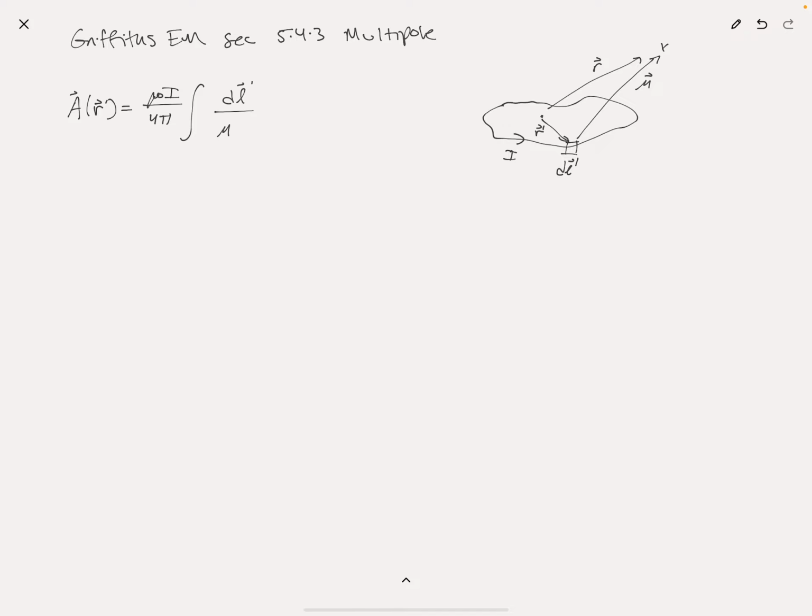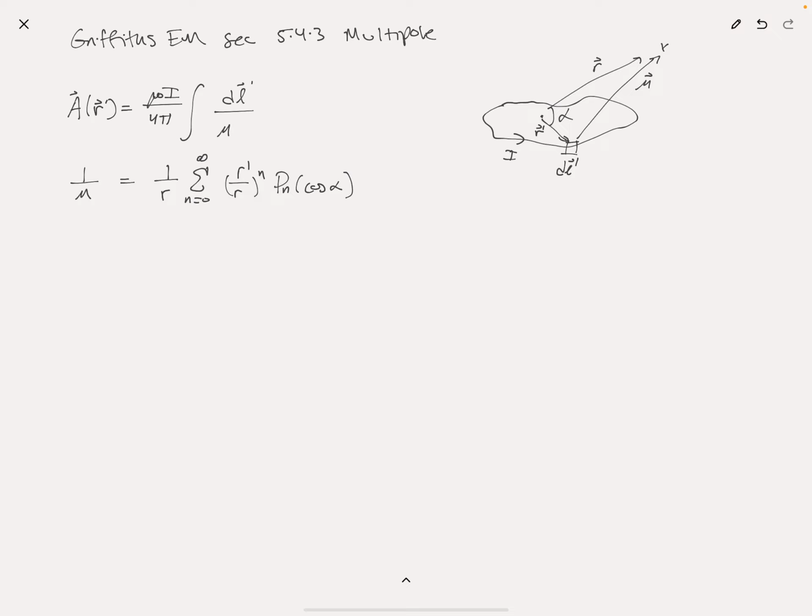So just like we did for arbitrary charge distributions, we can also make an approximation here for the value of 1 over script r. We did this before: it becomes 1 over r times the sum of all of the Legendre polynomials, (r prime over r) to the n, P_n of cosine alpha, where alpha is the angle between r and r prime.